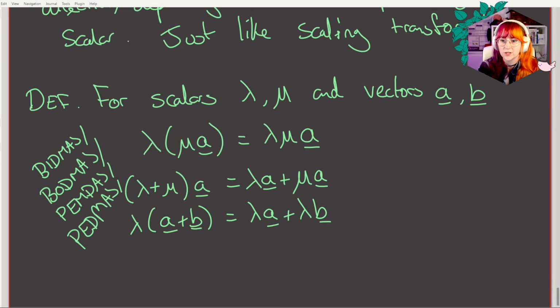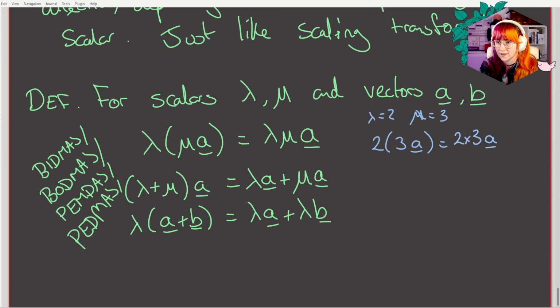So for example, if lambda is 2 and mu is 3, this would be saying that 2 times 3A is the same as 6A. Here you've got 2 plus 3 A is 2 lots of A plus 3 lots of A, which is 5A.